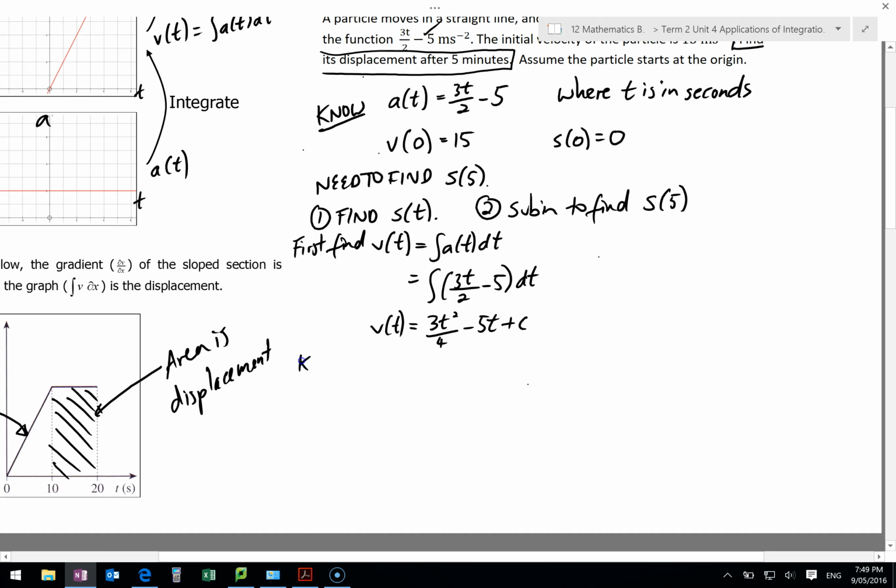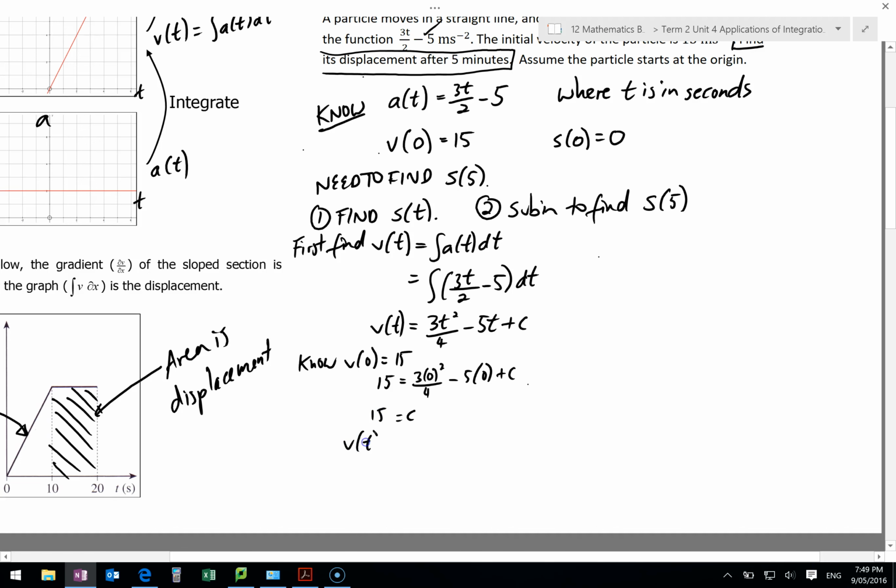Okay, remember I know that v0 is 15, so I'll sub these values in to try and find c. So put 15 on the left hand side and substitute 0 for all these t values that are there. And that gives c equals 15.